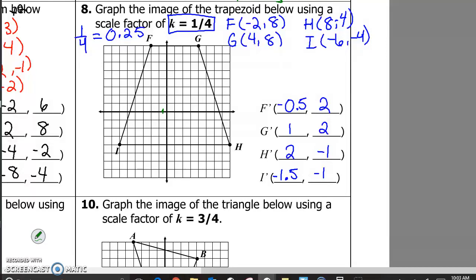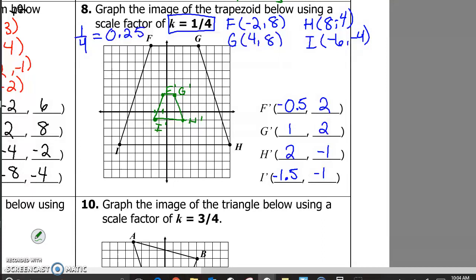So you're only going back halfway through this first one. And then you're going up 2. So your point is going to be in between those two lines. So that's our new point for F. And then for G, we're at 1, up 2. And then for H, we're at 2, negative 1. And then I, again, is a little bit challenging because we're at negative 1.5. So we go back 1 and go back 1/2. And then we go down 1. So it's going to be in between those two lines again. So that's our new point I.